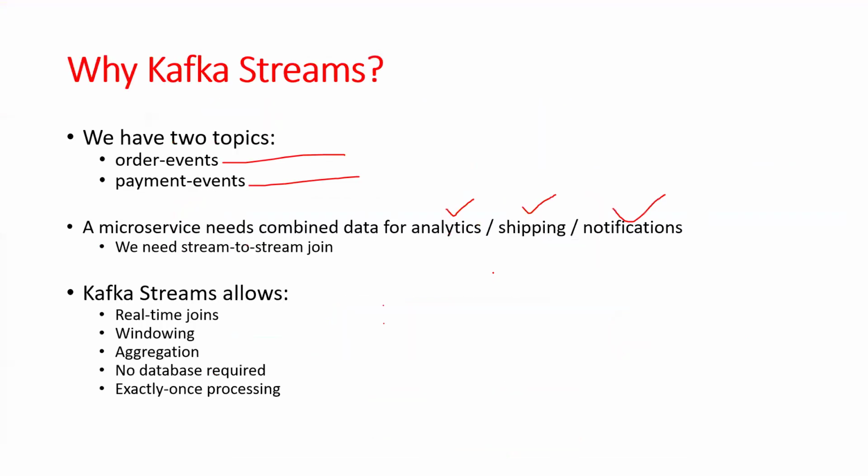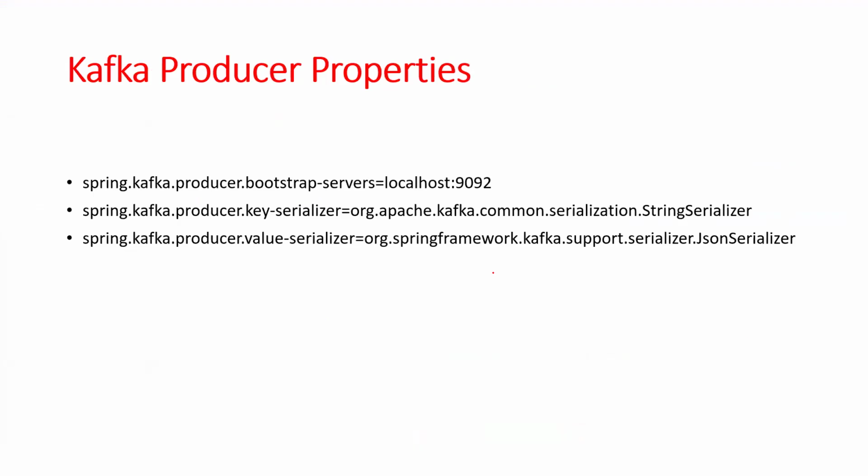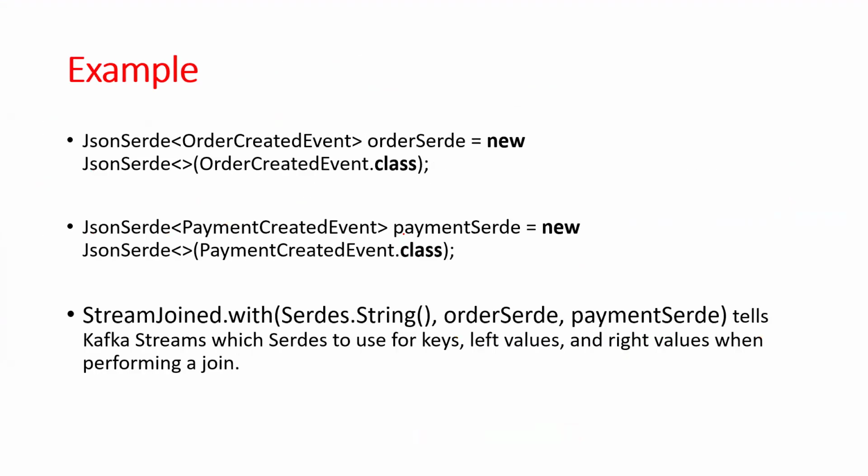Quickly have a look at the consumer properties here, guys. These are the producer properties, using the normal Kafka string serializer and JSON serializer. On the consumer side, yes, we can use these, and this is for the JSON conversions. These are all the consumer properties. I just explained examples here.